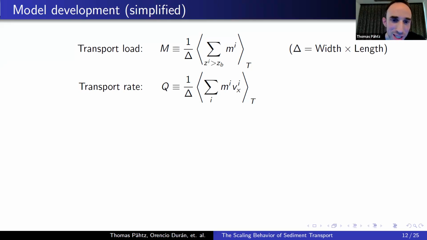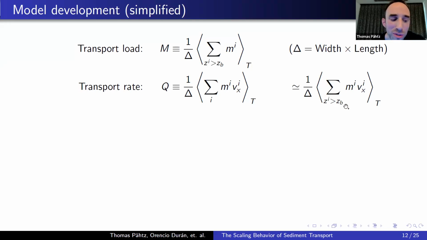On the other hand, the transport rate is what I showed you before: the total streamwise momentum of all particles, not just those above the surface, but of all particles, averaged over time and also per unit area. So the first modeling step is to say, okay, the total momentum of all particles per unit area can be approximated as the total streamwise momentum of only particles moving above the bed surface.